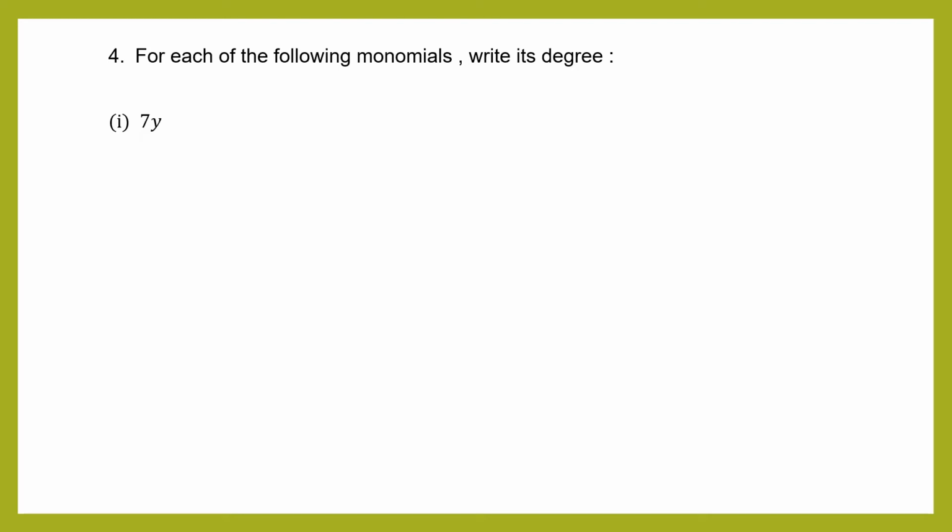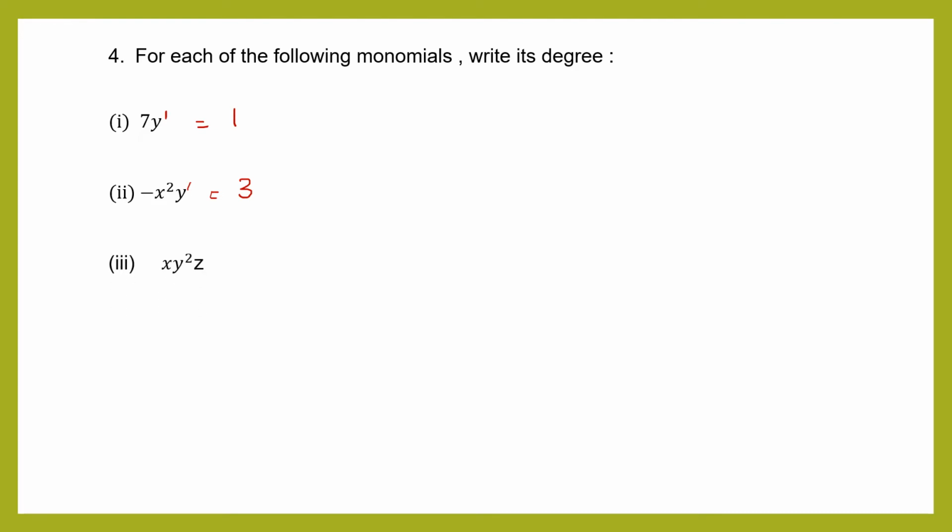Exponent means the power. How many y's do you have here? Only one. The power is just 1. So the degree of this monomial is 1. Now here I have 2 and then I have 1y. So the degree is 2 plus 1, 3.